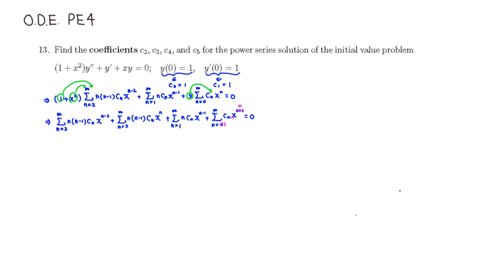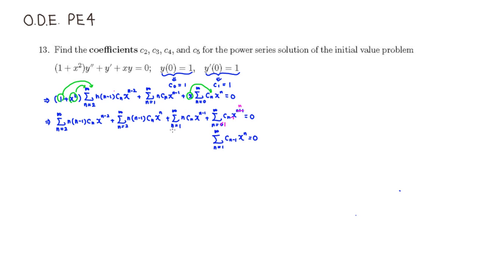Maybe I should write that down here. So this is going to be a summation, n starts from 1 to infinity, you have a Cn minus 1, x to the n, right? So we have that. All right, then here we have n times Cn x to the n minus 1.